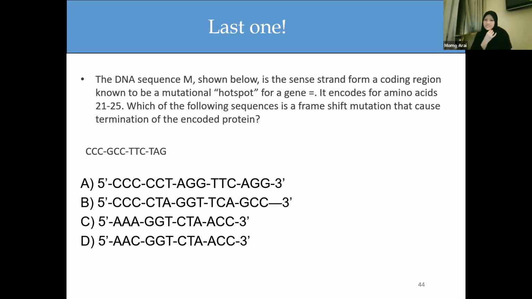Frameshift. Okay, someone said A. Deleted G.